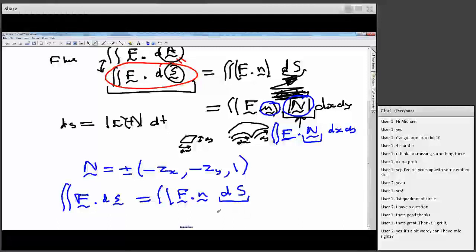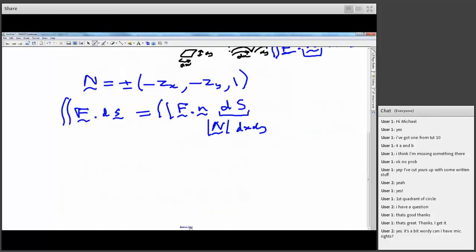And that factor that you need to work out in this case is the length of N, shall we call it, times dx dy. The formula for the length of N, if you want to take this approach, is the square root of the partial derivative with respect to x squared plus the partial derivative with respect to y squared plus 1.